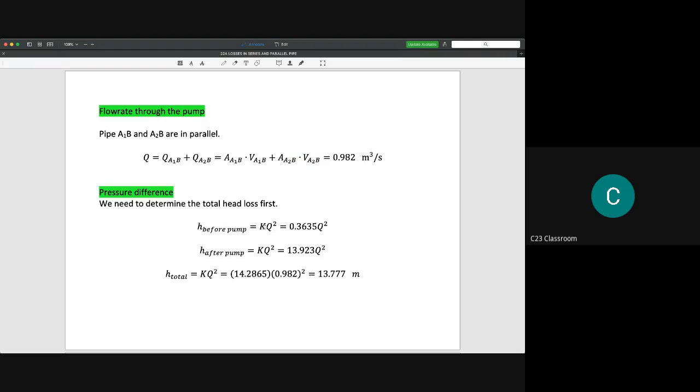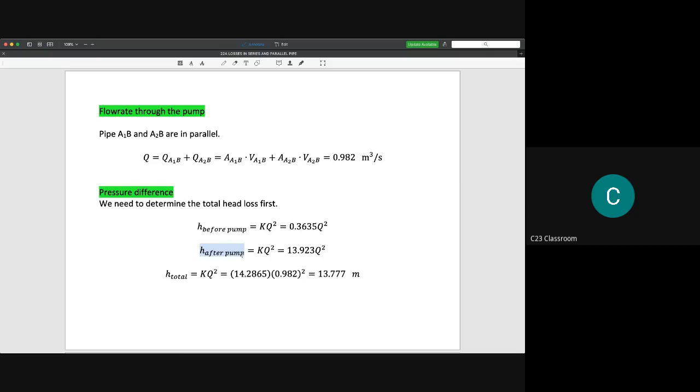It gives you the value of F, and then you know the value of Q here, so you can calculate the KQ squared here. The K here is equal to FL over D over 2G. So you can calculate this one, and then again you can calculate the losses after the pump.